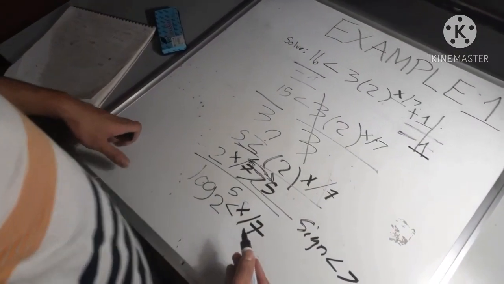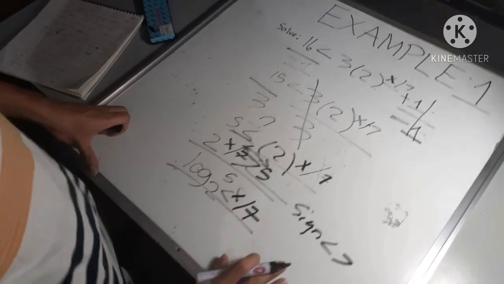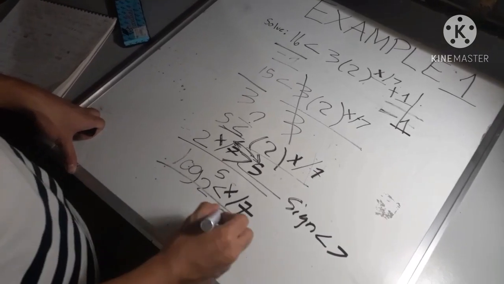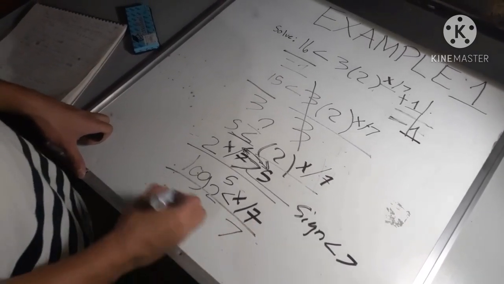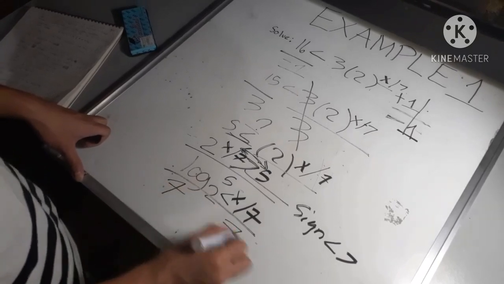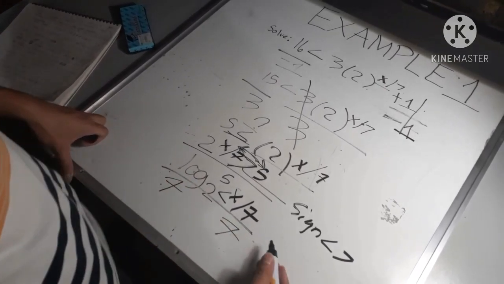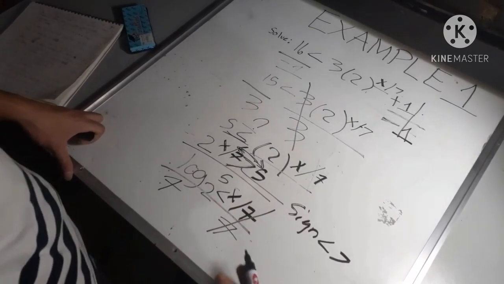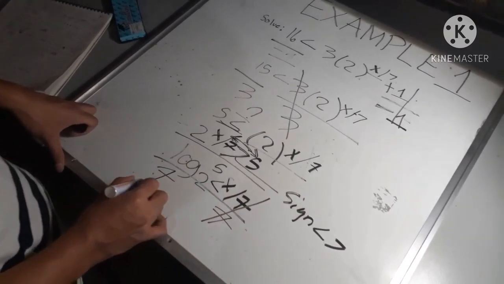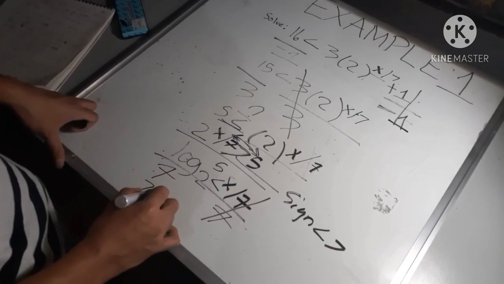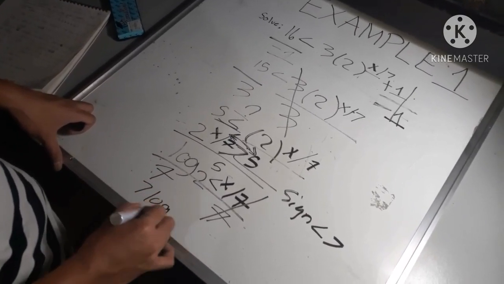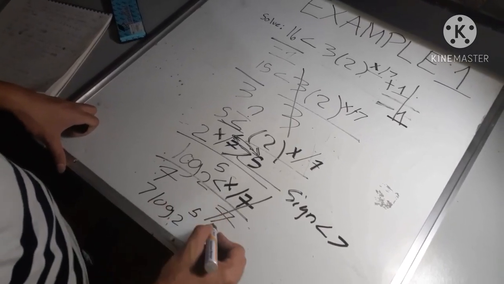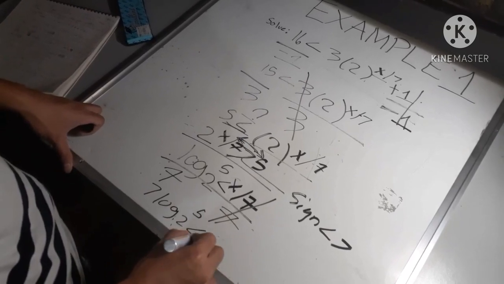So let us simplify this. We need to divide both sides by 7 in order to find the answer. So, cancel. The answer must be x over 7.